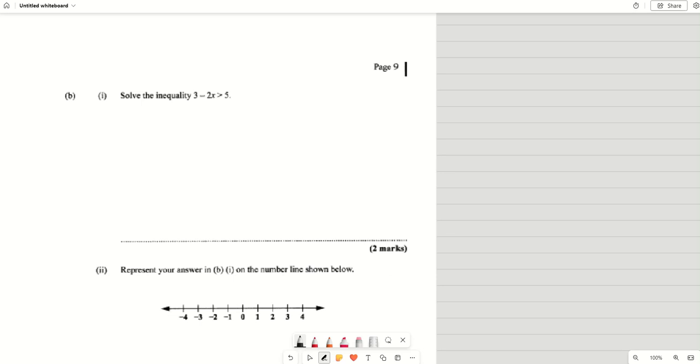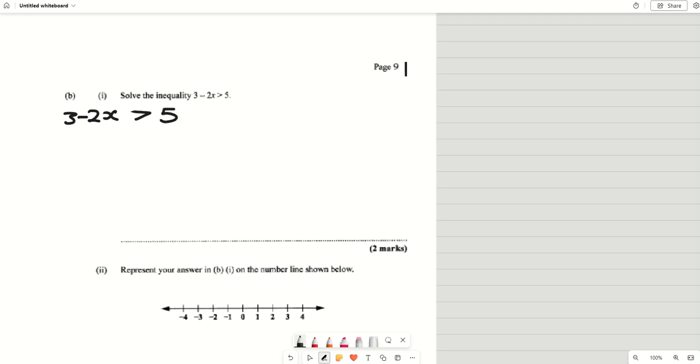Right, so the question is 3, no, it's minus. Three minus 2x, right, is more than 5.